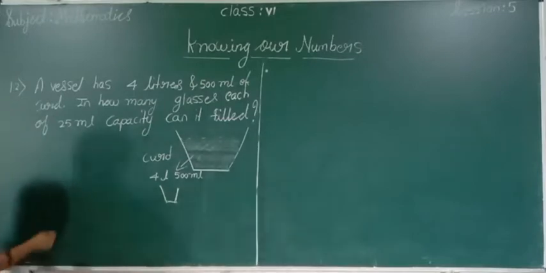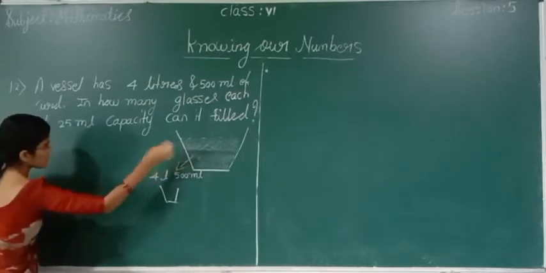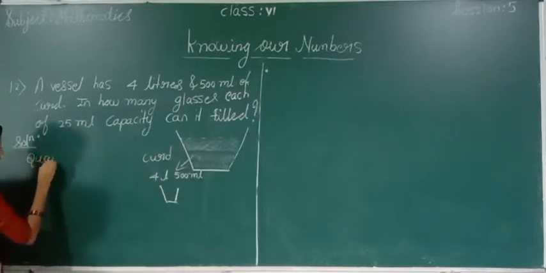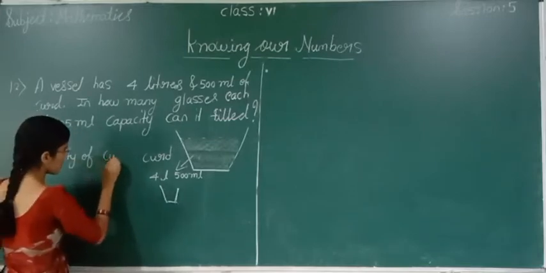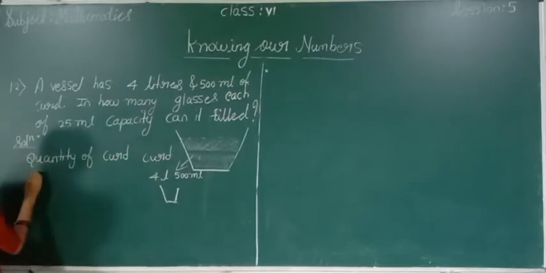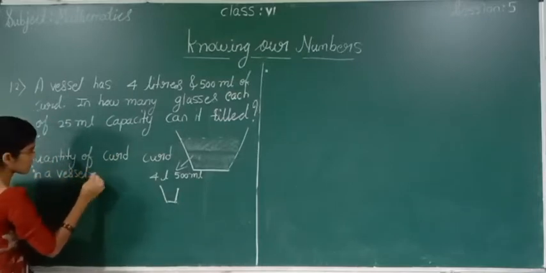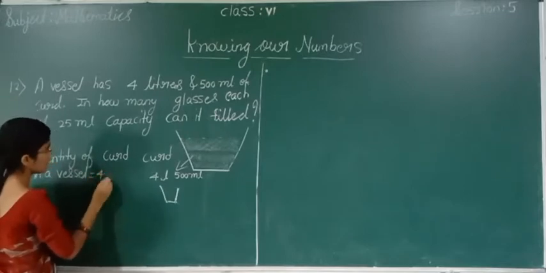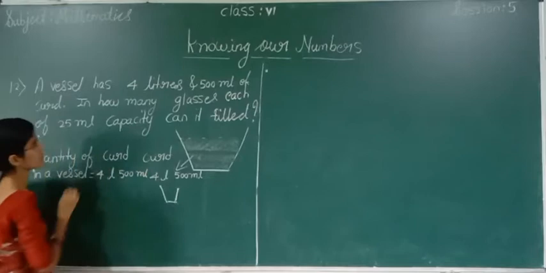Okay, now see here, solution. How much curd was there in the vessel? Quantity of curd in a vessel. What is the quantity of curd in a vessel? It is 4 liters 500 milliliters.